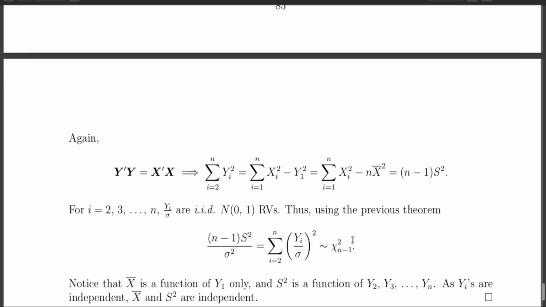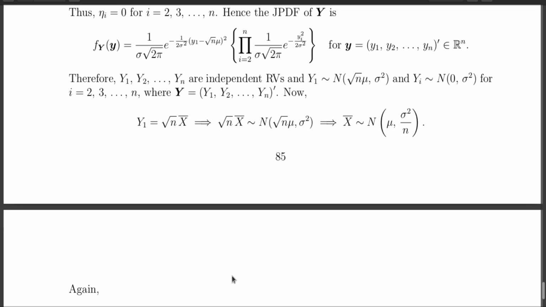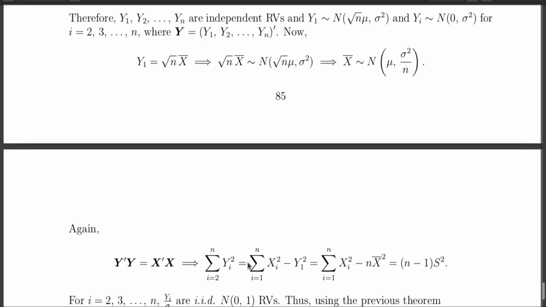Next thing we need to show is that x bar and s square are independent. And this one is very easy to show, because we have shown that x bar is a function of y1 only, and s square is a function of y2 to yn only.